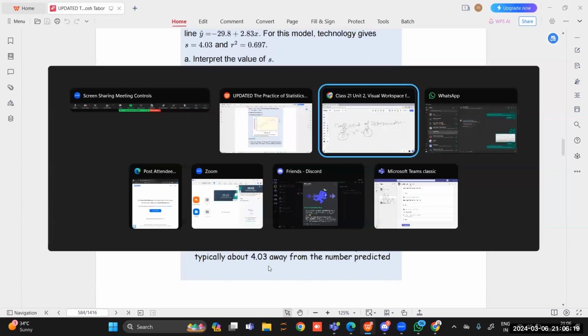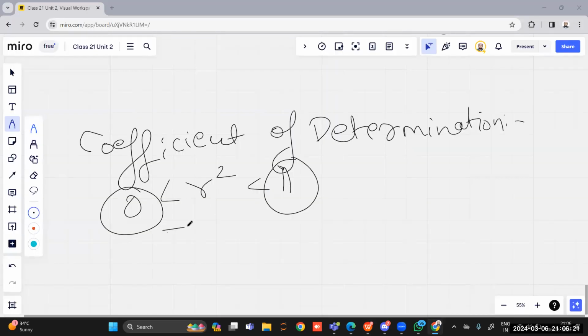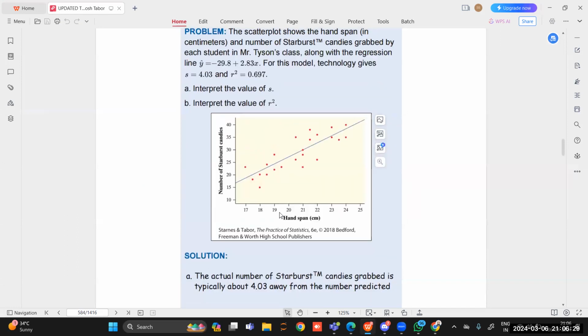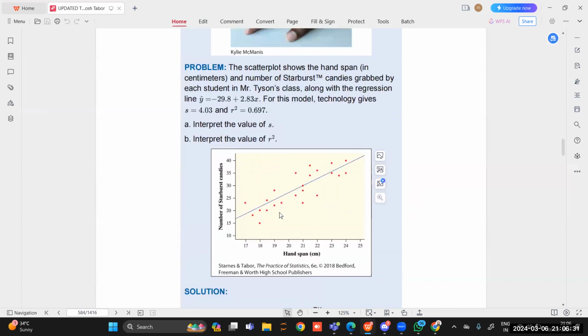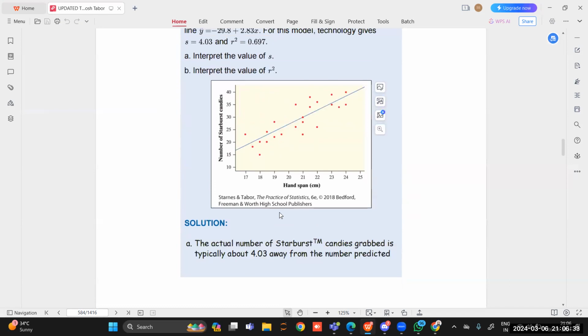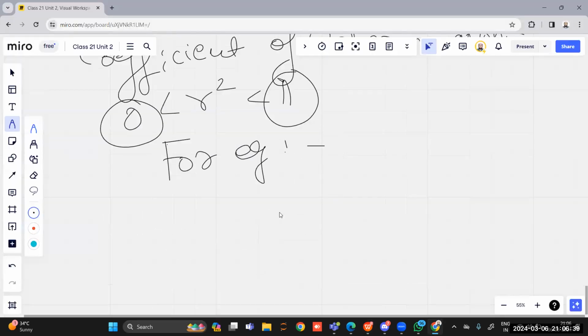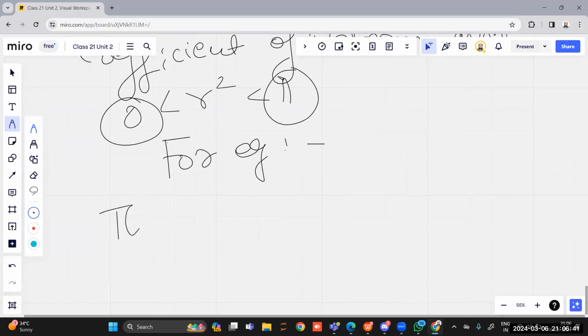For example, in this example he's giving, I think, the example of candies, correct? What he has taken, Mr. Tyson's class along with the hands. The candies that the hand span can hold.